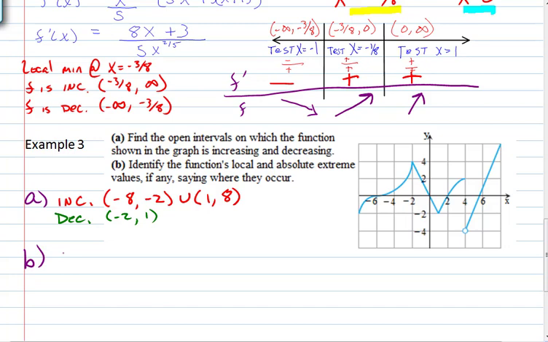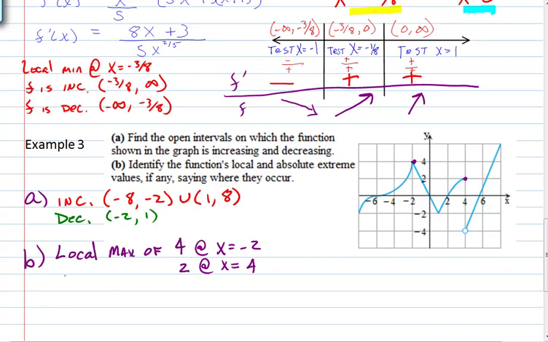So we have a local, let's do the maxes first, of 4 right here, and right here at x equals -2, and a local max of 2 at x equals 4.